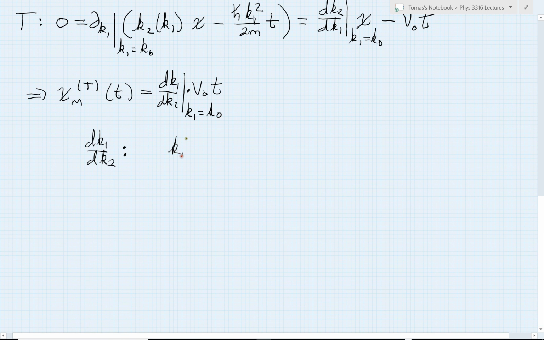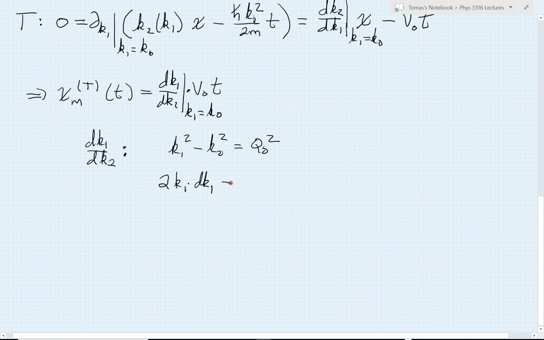So notice that I've got K1 squared minus K2 squared is equal to Q0 squared. And if I think about what happens when there's a small change in K1 and K2, the first term has to change by the derivative of the function, which would be twice K1, times the amount of change in the argument, so times dk1.